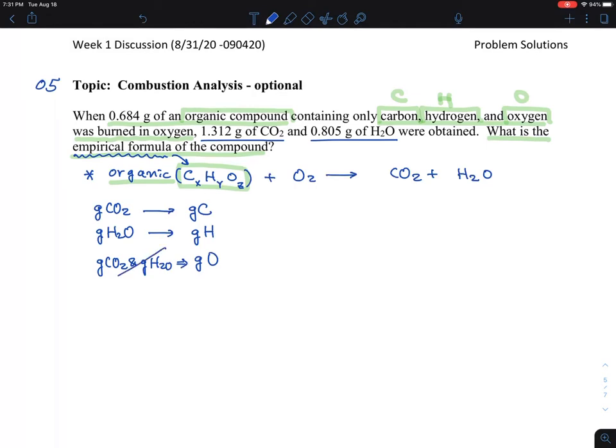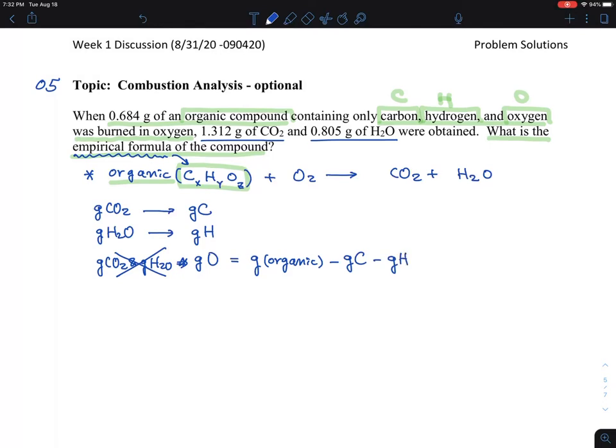So this information is not so useful, but in return, what I can figure out is, okay, this will be grams of organic, which I know, minus grams of carbon, grams of hydrogen.